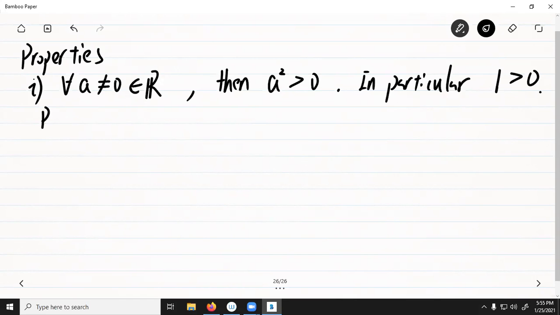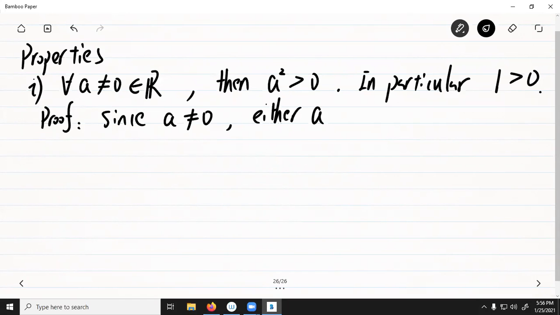So let's prove it. Since A is not equal to 0, this is from the condition we have, then either A is positive or negative A is positive.